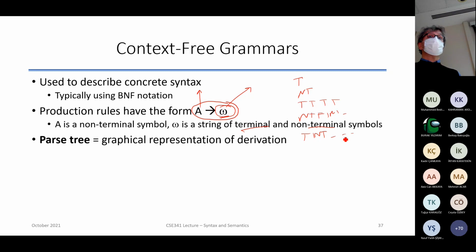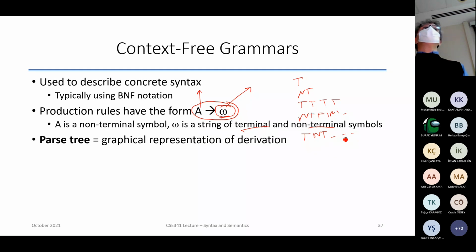All right. So this is called a context-free grammar. Why am I describing this or using this grammar? I'm describing what I can generate. What type of instance of that concrete syntax can I generate?